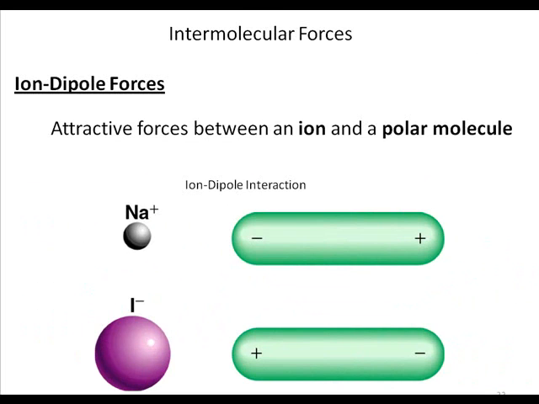When you have an ion dipole force, you have a Na+, and if you have a fixed dipole, negative to positive, or if you have I-, the dipole flips around, you have an attraction. And again, that's a very powerful attraction between them.